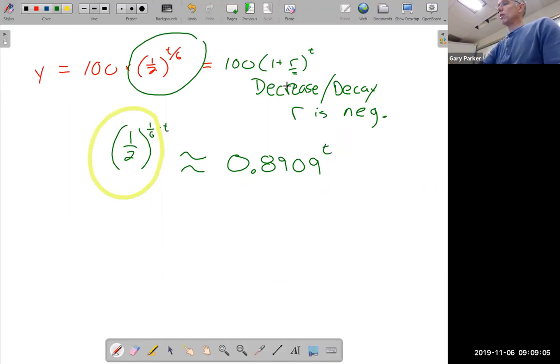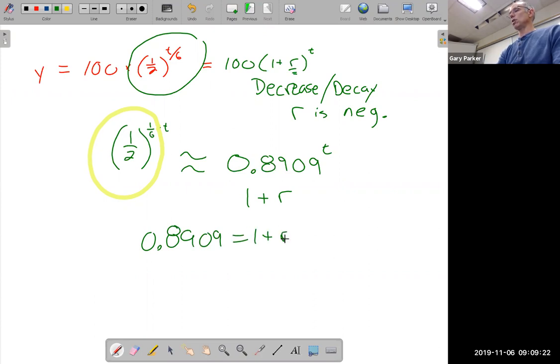So now comparing this right here to a possible base of 1 plus r, 1 is 100%. So, what was subtracted here? Well, I just compare those two by saying, well, 0.8909 must be equal to 1 plus r. So let's take away 1 to get r.